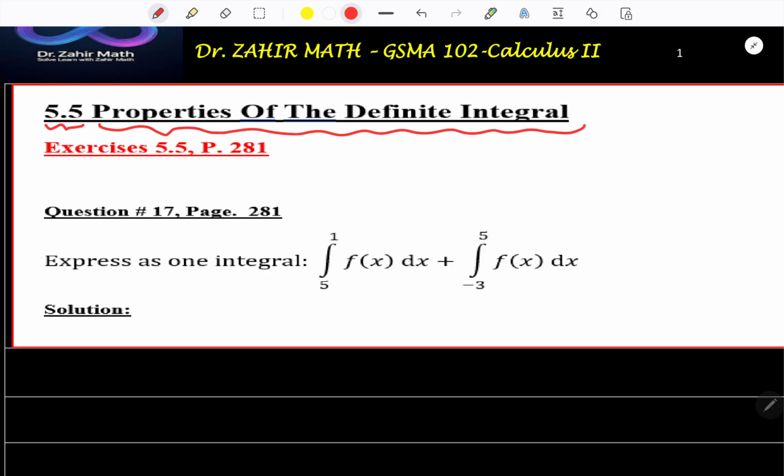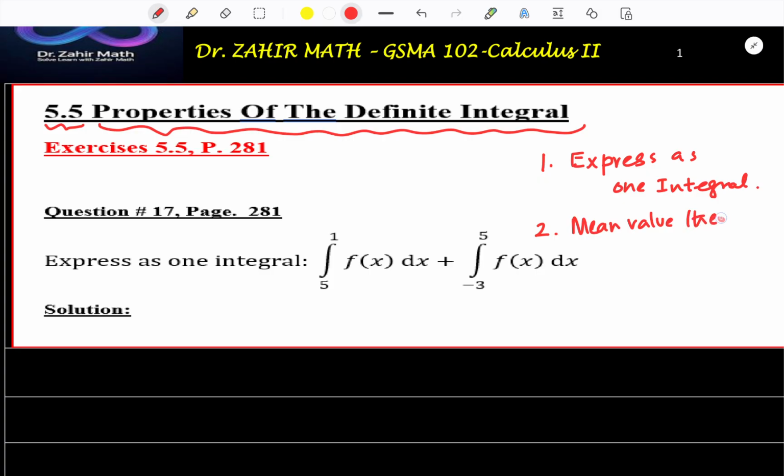Okay, right. So, in this exercise, we are going to study two things. One is express as a single integral, or one integral. This is the first type of questions I'm going to teach you. The second set of questions is how to use the mean value theorem.